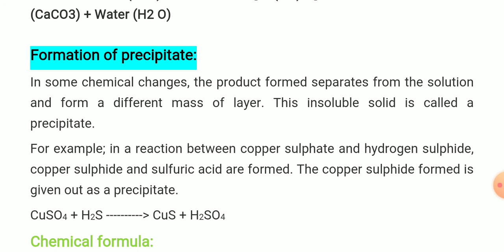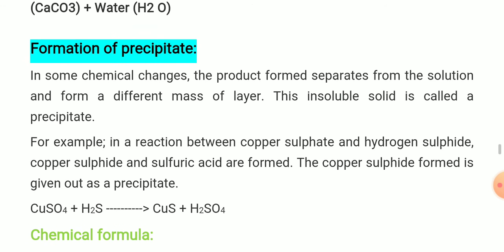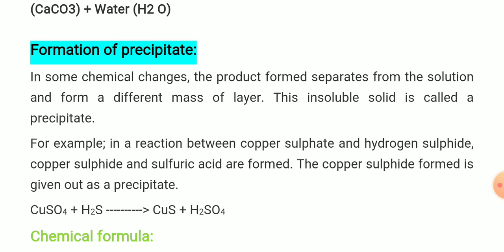For example, in a reaction between copper sulfate and hydrogen sulfide, copper sulfide and sulfuric acid are formed. The copper sulfide formed is given out as a precipitate. So the reaction is CuSO4, copper sulfate, plus hydrogen sulfide H2S gives CuS, copper sulfide, plus H2SO4, sulfuric acid. Here CuS is a precipitate, that is, an insoluble product.